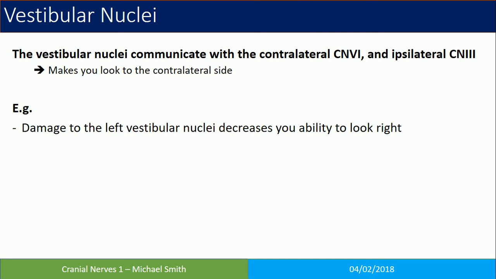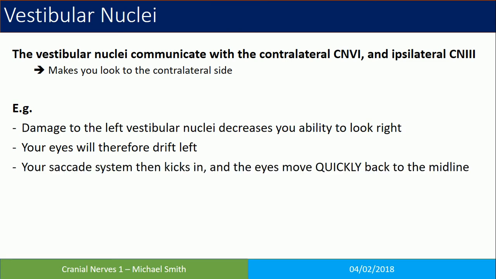So if we have damage to this vestibular nuclei, this means you're less able to look right, and this will cause your eyes to drift to the left. Your body then realizes that your eyes are drifting to the left and flicks them quickly back to the middle.